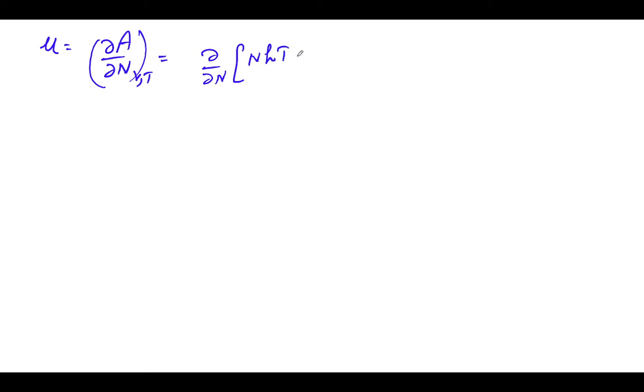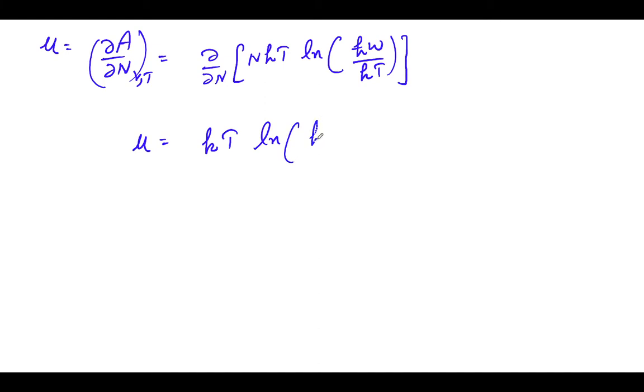From this we can find out the value of chemical potential, that is curly A over curly N at constant volume and temperature. Putting the value of A, that is the Helmholtz free energy, nkT log of beta h bar omega, where beta is equal to 1 over kT, this mu comes out to be equal to kT log of h bar omega over kT.